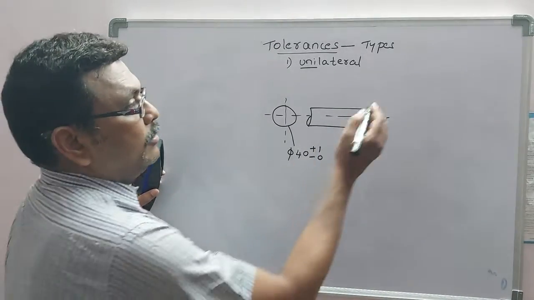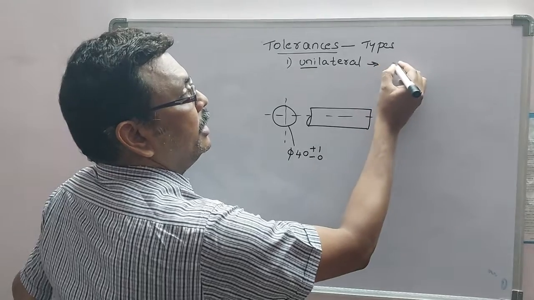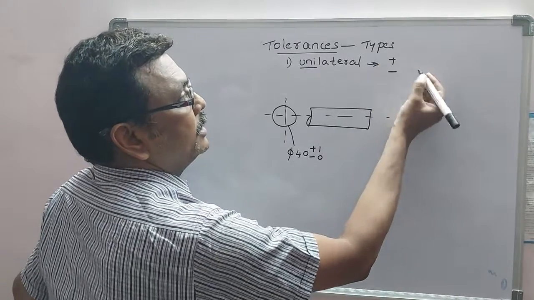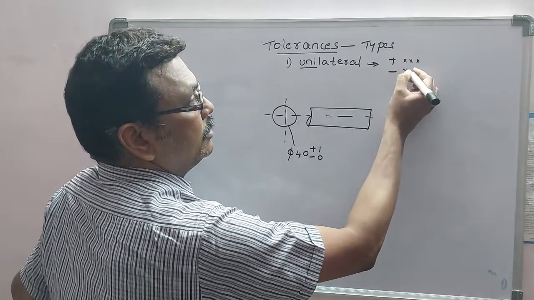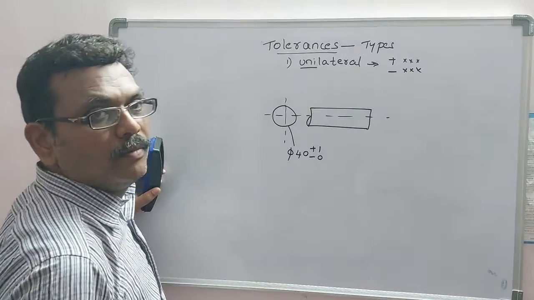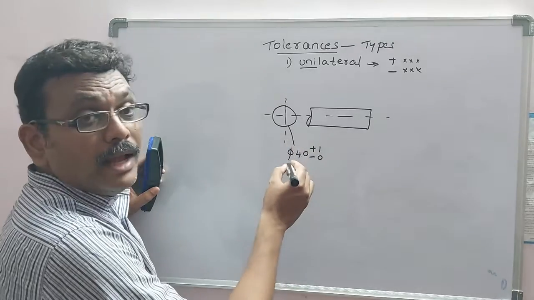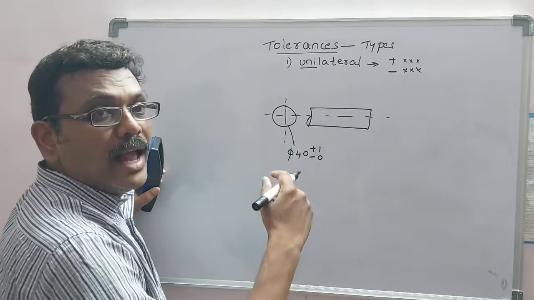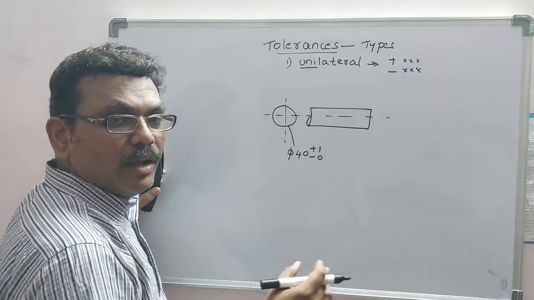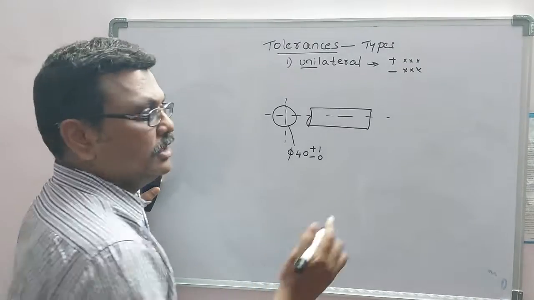So this is the indication, plus minus some value. It can be applicable for circular as well as normal square or any dimension.